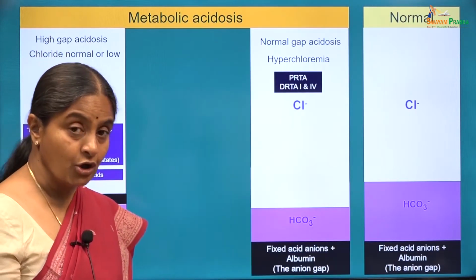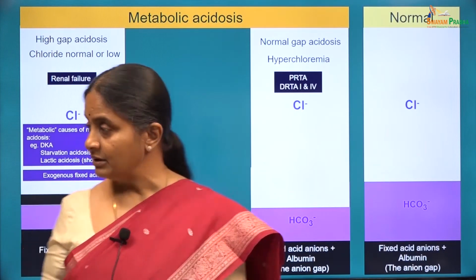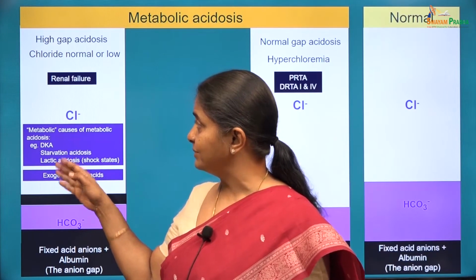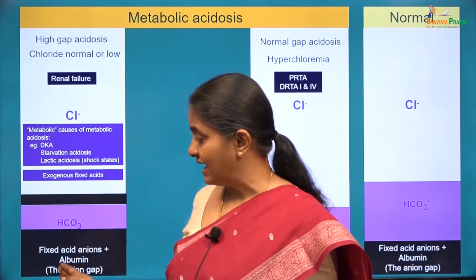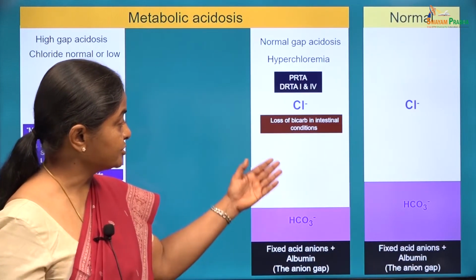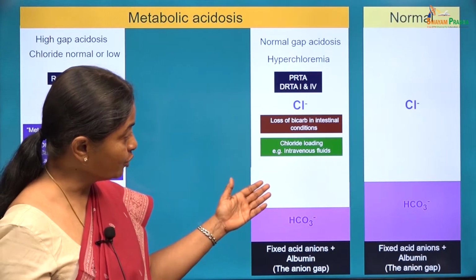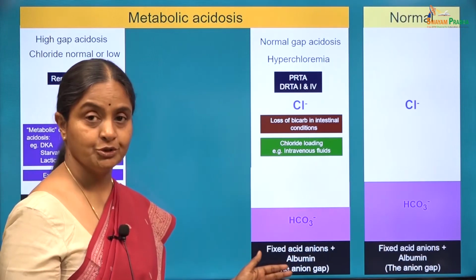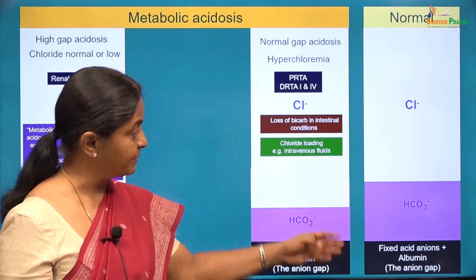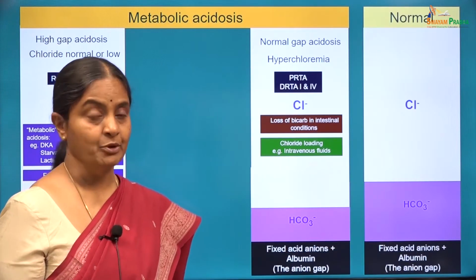Then we considered the non-renal causes. We just saw the altered metabolic states. Now these resemble renal failure in that they have a high gap acidosis. The gastrointestinal conditions and chloride loading look like renal tubular acidosis in that they have a normal gap hyperchloremic metabolic acidosis.